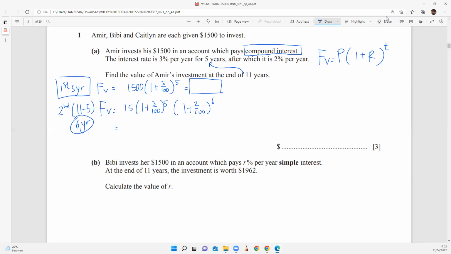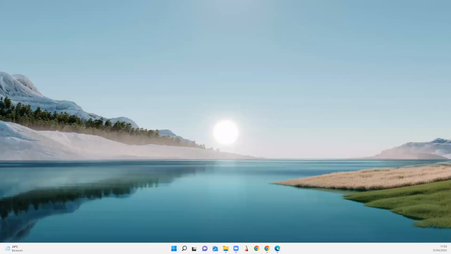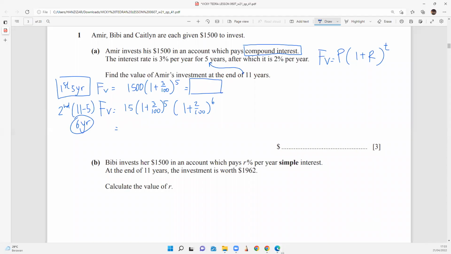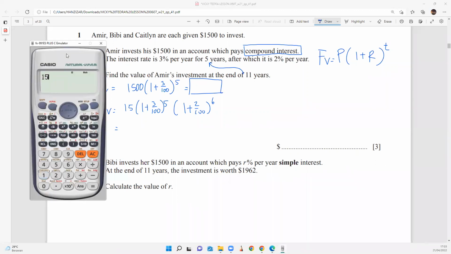So let's find the answer. I'm finding the calculator. A moment, please. There you go. It's here. So just put it, 1500 times 1 plus 3 over 100 to the power of 5. So this is the formula for the compound interest. You get this answer.